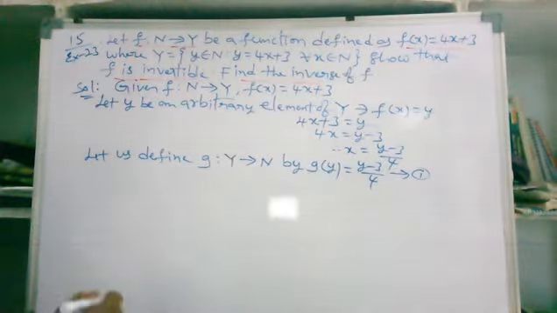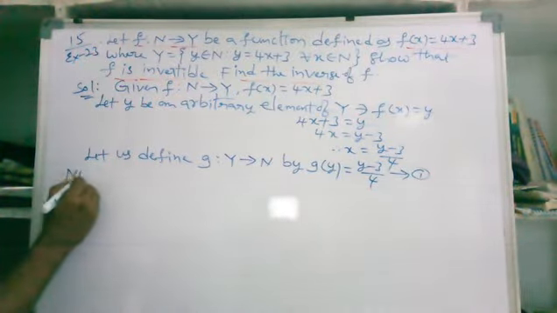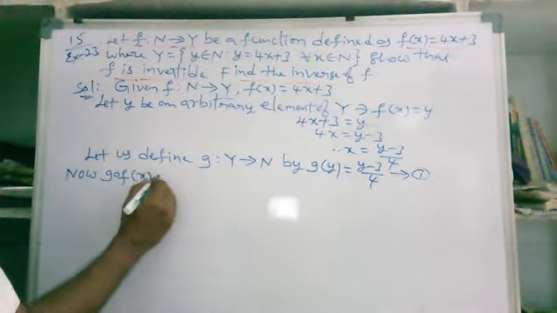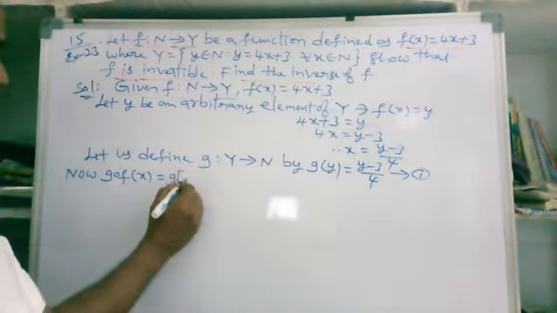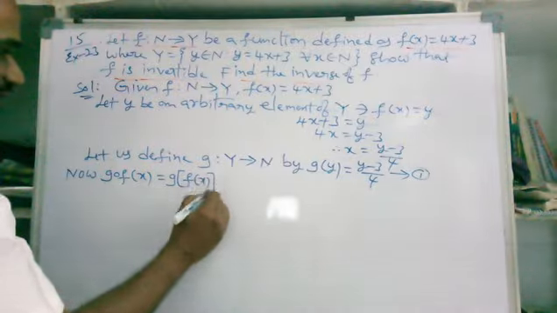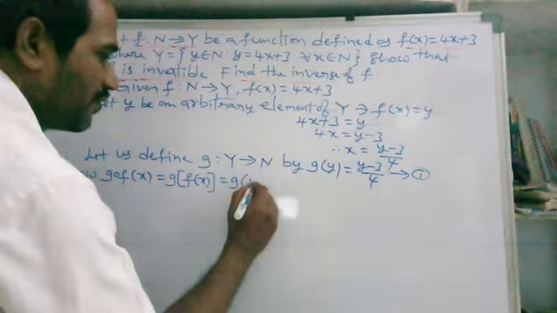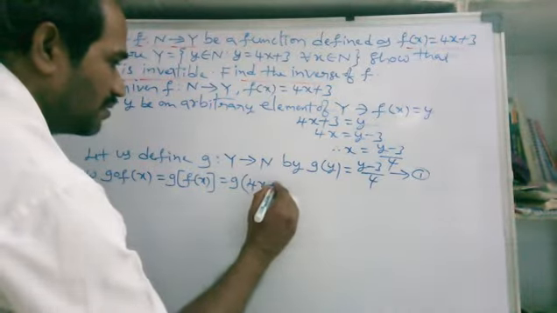Next we calculate g circle f of x. That is equal to g of f of x, and f of x is 4x plus 3.